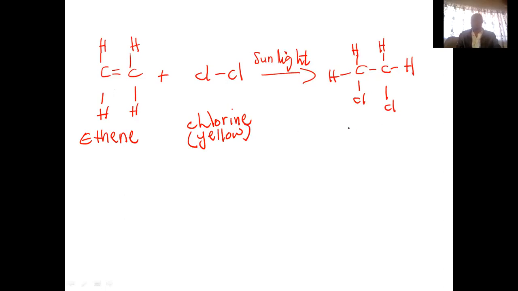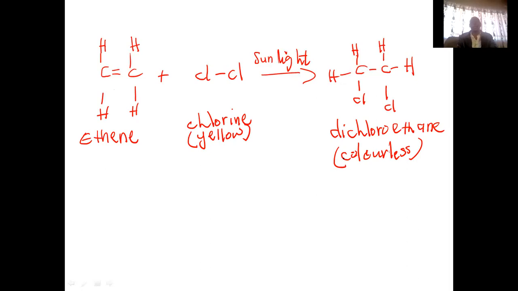So what you produce here is dichloroethane. Dichloroethane, which is actually a colorless liquid.